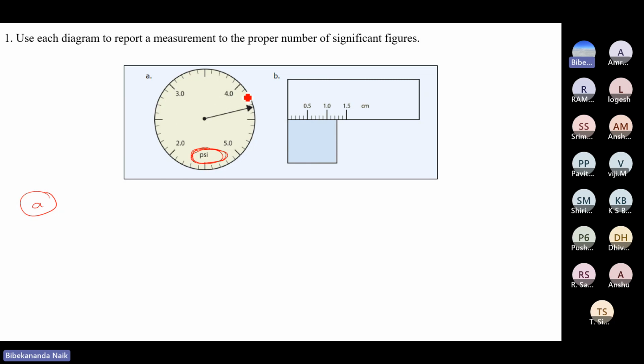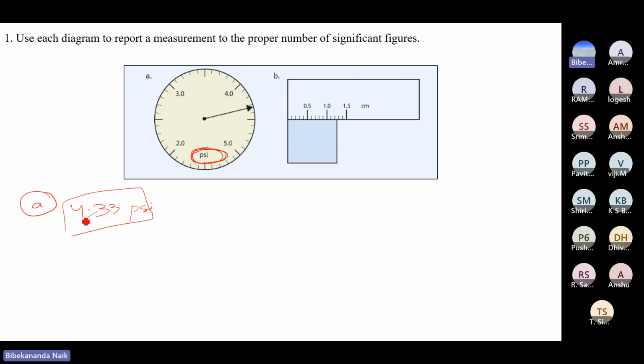If you see, the arrow mark is between 4 and 5. Between 4 and 5, it is divided into 10 equal parts. So the arrow is slightly above 4.3. We can write the measurement as 4.3, which is certain. However, since the arrow is between 4.3 and 4.4, we can write it as 4.33 or 4.34. Suppose we write 4.33, then the first measurement shows 4.33 psi.